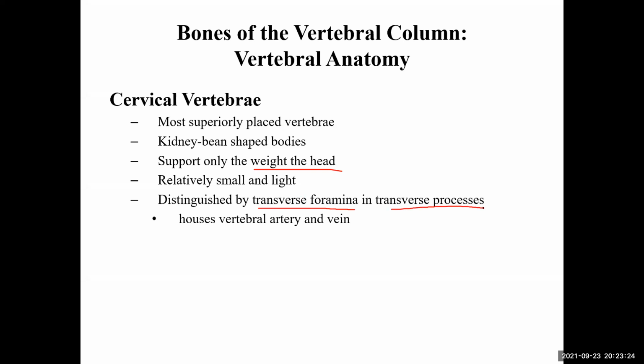That is one of the distinguishing characteristics of vertebrae found in the cervical spine. Those transverse foramina are going to contain the vertebral artery and vein. The vertebral arteries, because you have a left one and a right one, supply 20% of the blood to your brain.